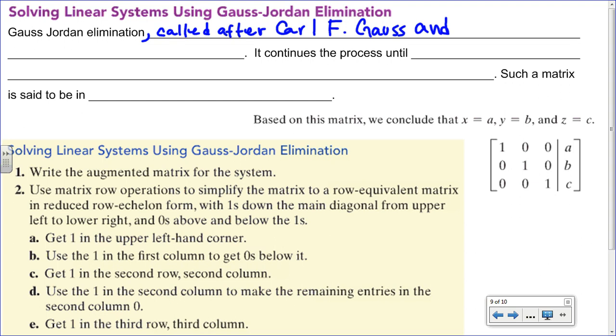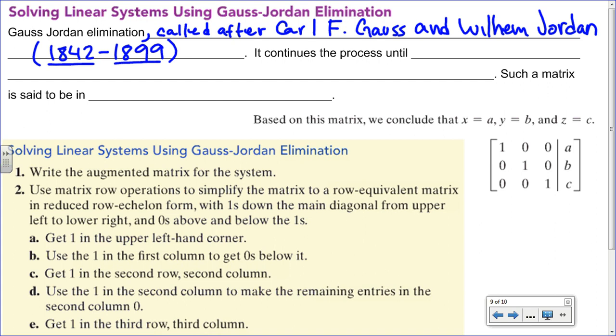Wilhelm. Jordan was his last name. So as you can see, the life expectancy back then was not that high, so they got together and improved the method.